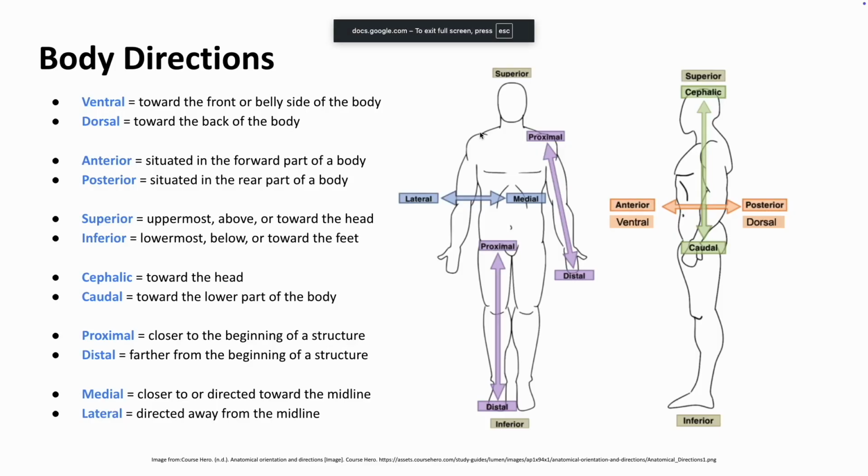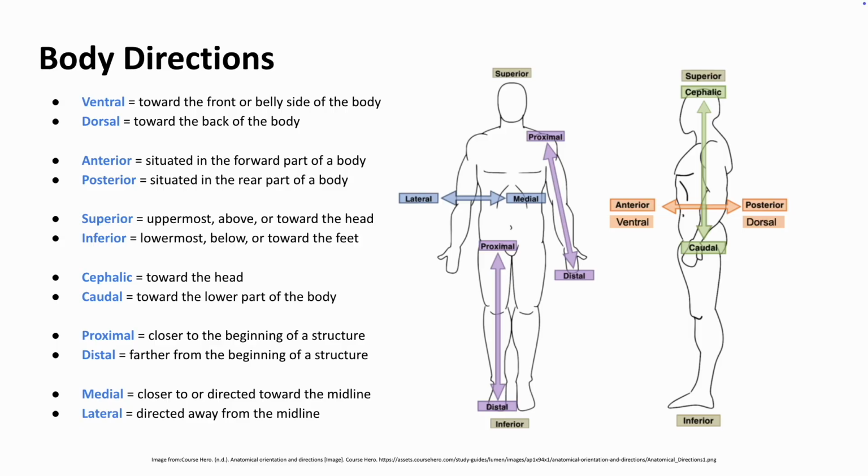For humans, it is the same: the very top is where your head is. But for animals, it might be different. Caudal is the opposite of cephalic. It is toward the lower part of the body, or more exactly, toward the feet. But for humans, superior and cephalic are interchangeable, and inferior and caudal are also interchangeable.